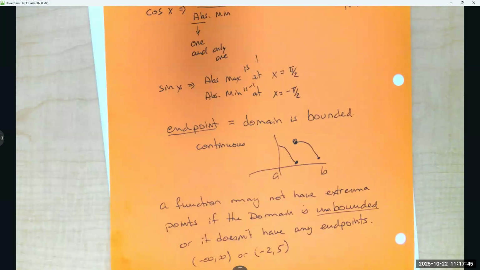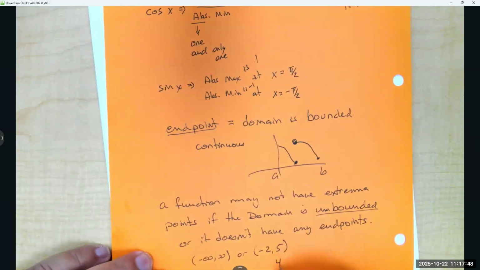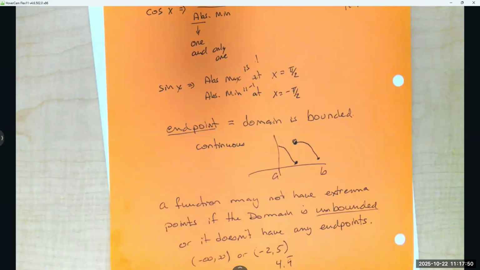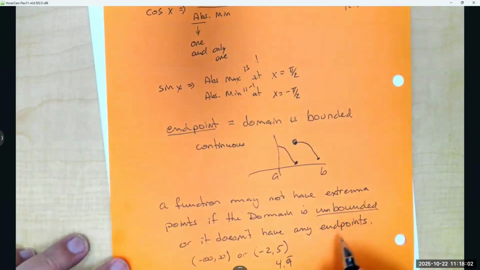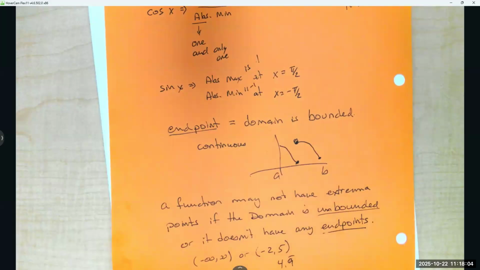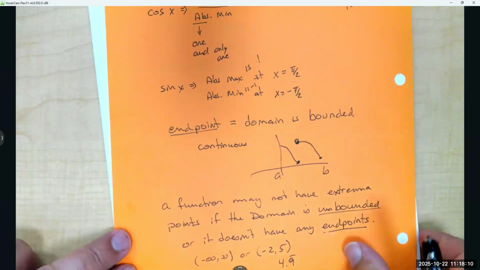Yeah, so the highest we can go is 4.9 forever. So that's unbounded because there is no end to it. Since it's unbounded, it has no endpoints. There's no end to how many decimal places I can put in 4.9999999.